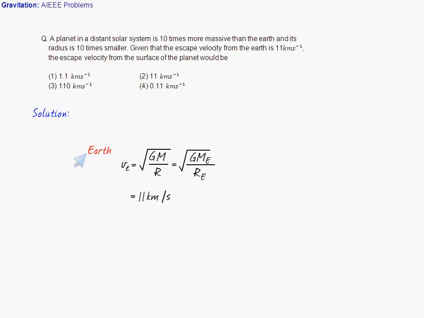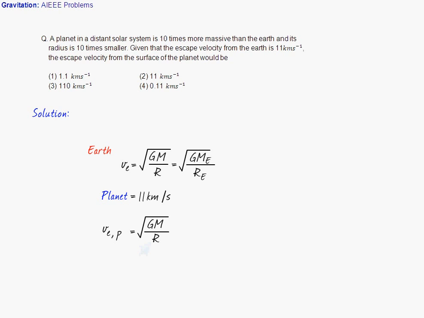Next we have to write for the planet. For the planet, Ve is equal to root over GM by R. In the question, it is given that it is 10 times more massive than the Earth and its radius is 10 times smaller.